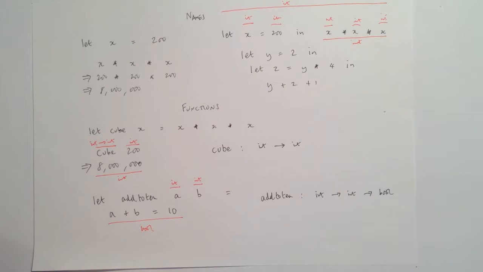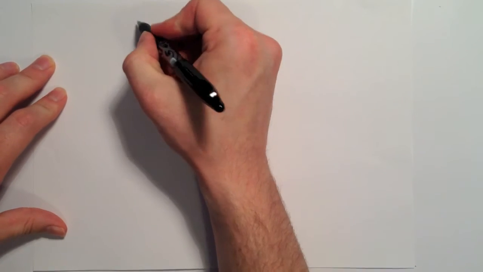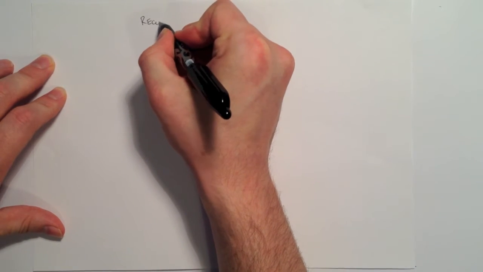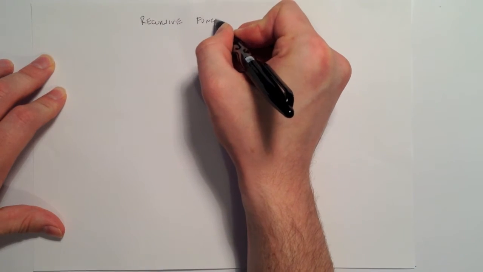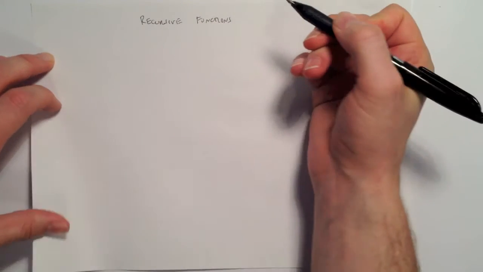As a final example, let's look at a recursive function. Now, recursive is a new word. A recursive function is just a function whose definition uses its own name. That'll become a bit more clear when we take an example.